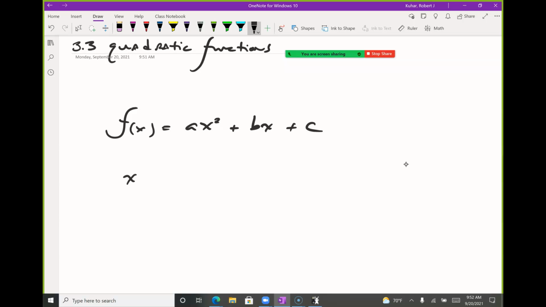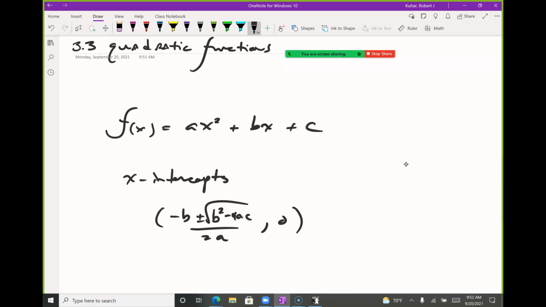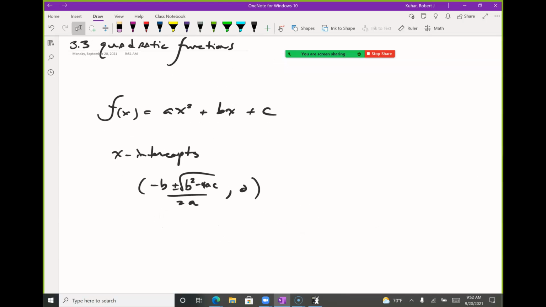So x-intercepts are going to come from x equals minus b plus or minus the square root of b squared minus 4ac, all over 2a, comma 0, right? Easier if we can factor it.